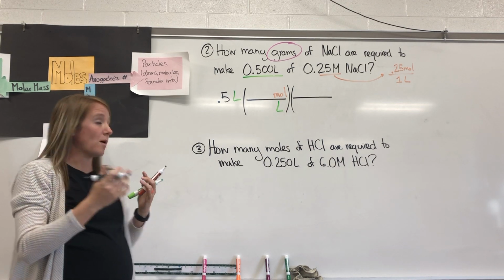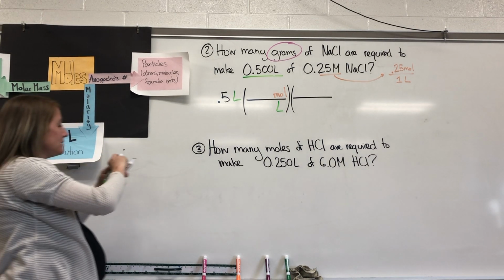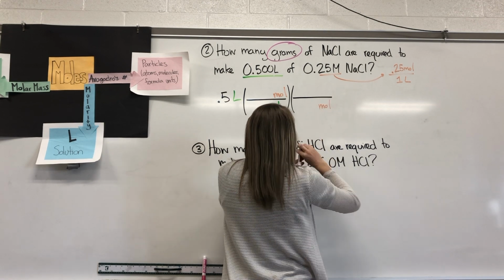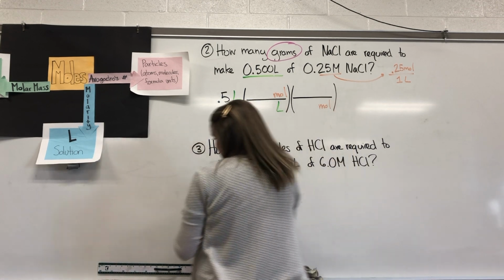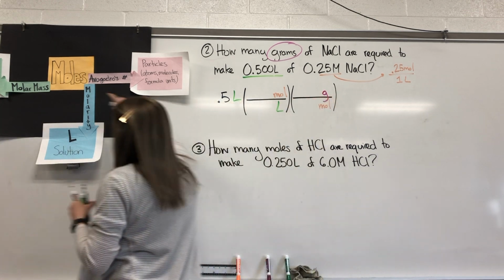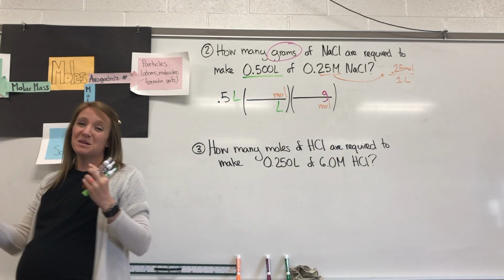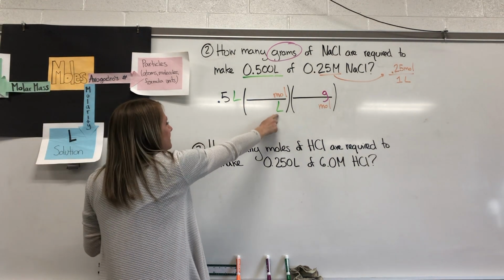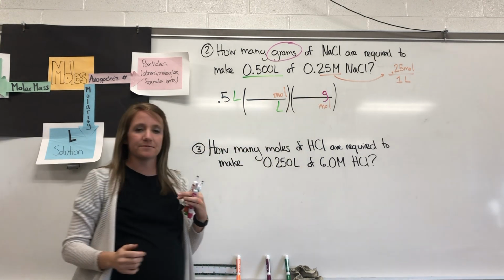Okay, step one. Then I'm leaving mole, I'm going to put mole on the bottom. And then grams is where I'm trying to go, and those are connected, moles to grams, so that will go on the top. Okay, so once again, liters, moles, grams.